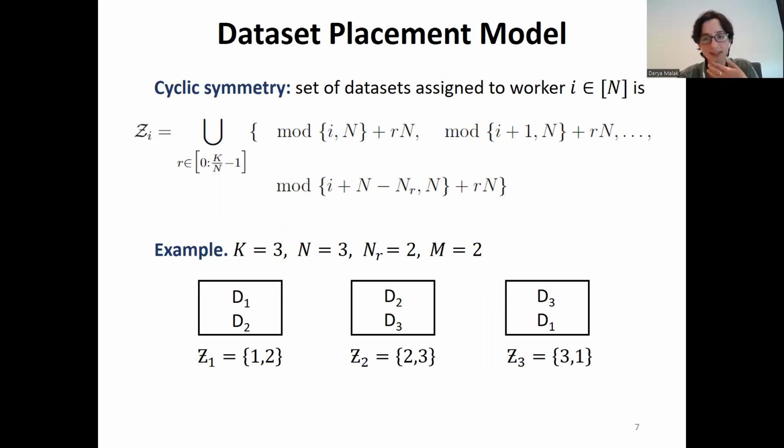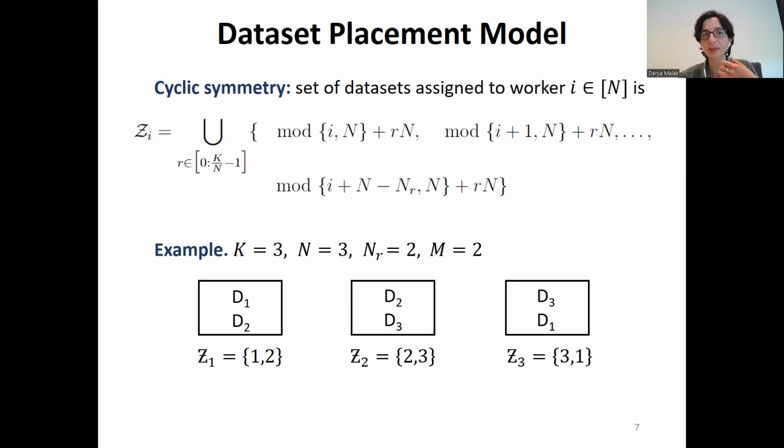Consider a simple example: I have 3 data sets, 3 workers, and N_r is the recovery threshold, which means that any 2 out of 3 workers is sufficient for me to recover the desired function. And N equal to 2 means that each worker contains 2 data sets.